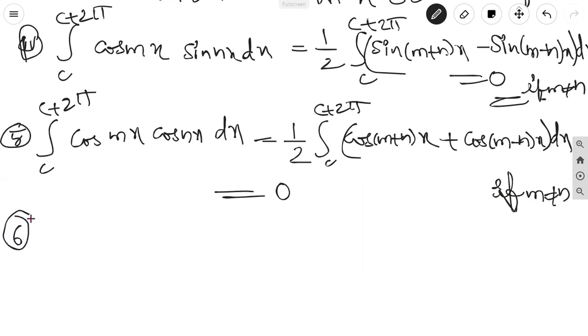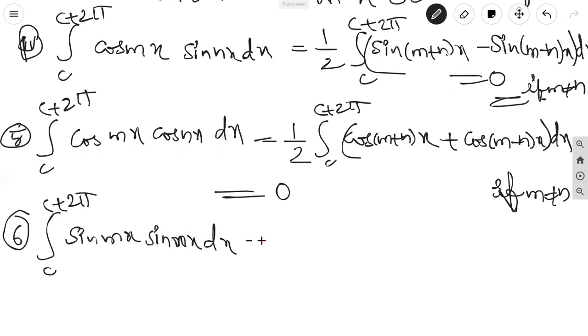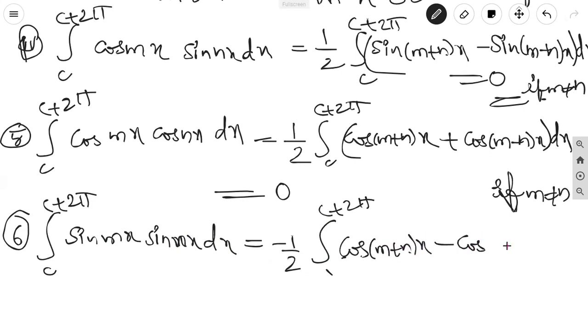Next, sixth one, integral c to c plus 2 pi sin mx sin nx dx. It is sin a sin b form, minus 1 by 2 integral c to c plus 2 pi of cos of m plus n of x minus cos of m minus n of x.